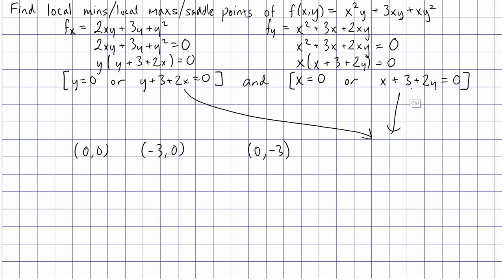These are actually the graphs of two lines, and I won't go through the details, but they happen to intersect at negative 1, comma, negative 1. So you can mix and match each one of these two with one of these two, and you get these 4 critical points: (0, 0), (negative 3, 0), (0, negative 3), and (negative 1, negative 1). These are the only critical points for this function f.